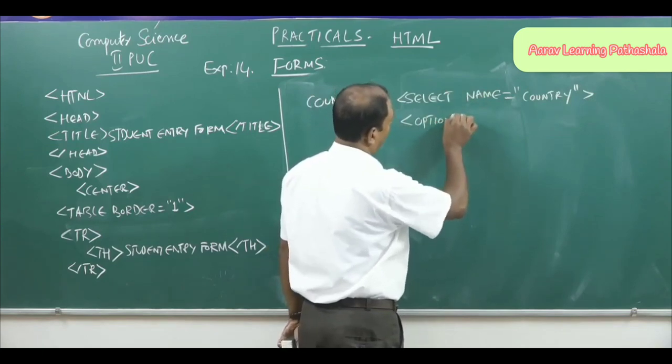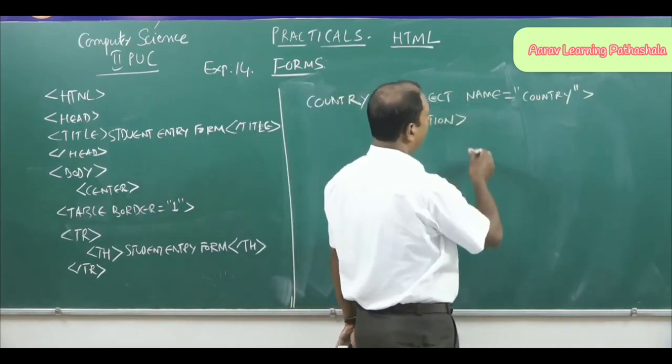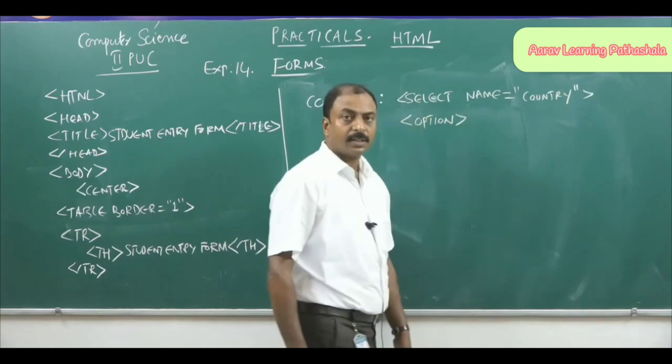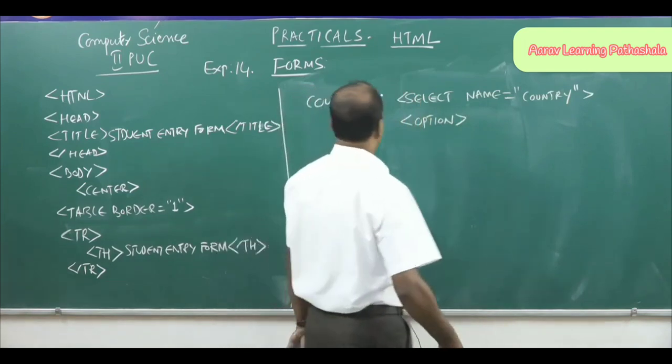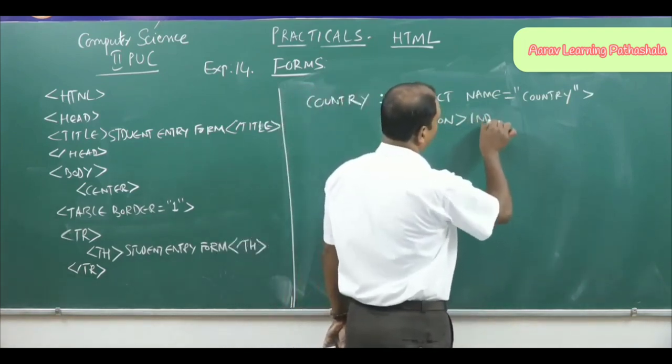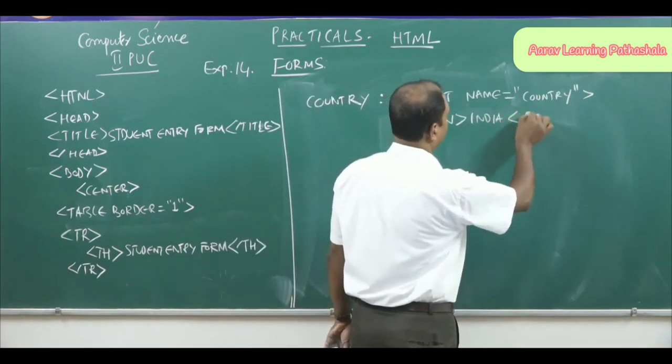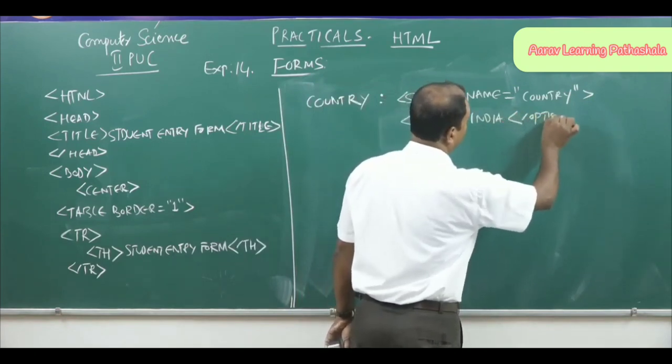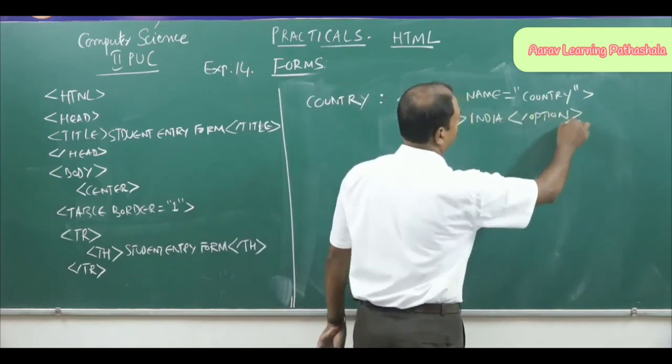Here we can write a number of options under the drop down menu, and here India is one option. Close this with the option tag, then the second option.